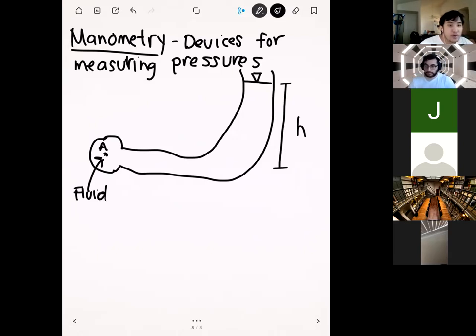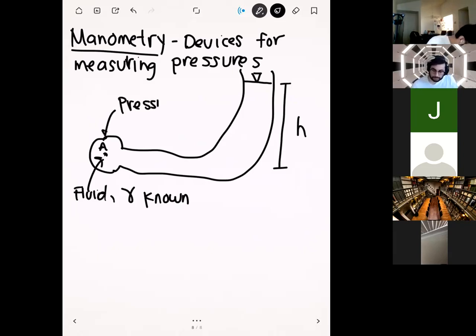And so what the manometer will let you do, since we have a fluid in here and we know the specific weight of this fluid, is measure the pressure that's at location A. What we can do is use the formula that we had before for pressure in a static fluid.